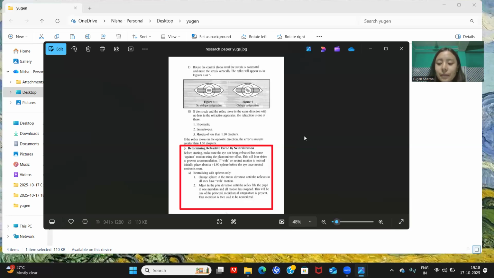The lens power at that point indicates the refractive error of the eye, and finally we must subtract the working distance lens, for example plus 1.5 diopter if the test was done at 67 centimeters, to get the actual refractive error.